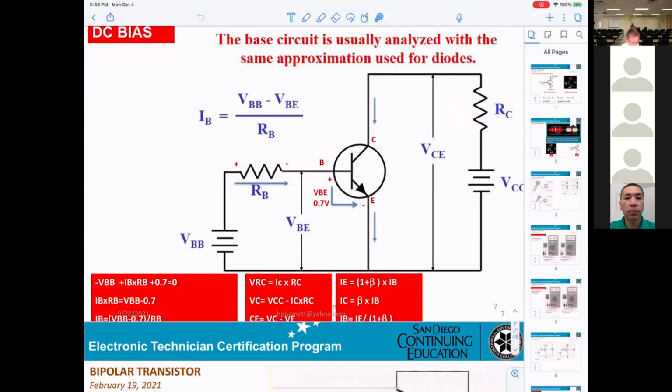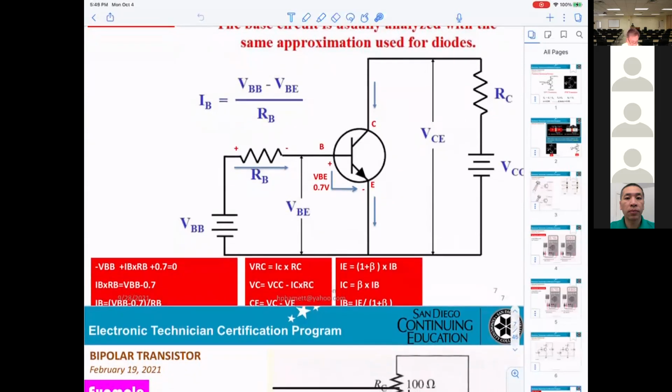VRC equals IC times RC. And if you want VC, then VC equals VCC minus IC times RC. And finally, if you want to calculate the VCE, then you take your VC minus VE. So these are the formulas you need to do the job, basic calculation.